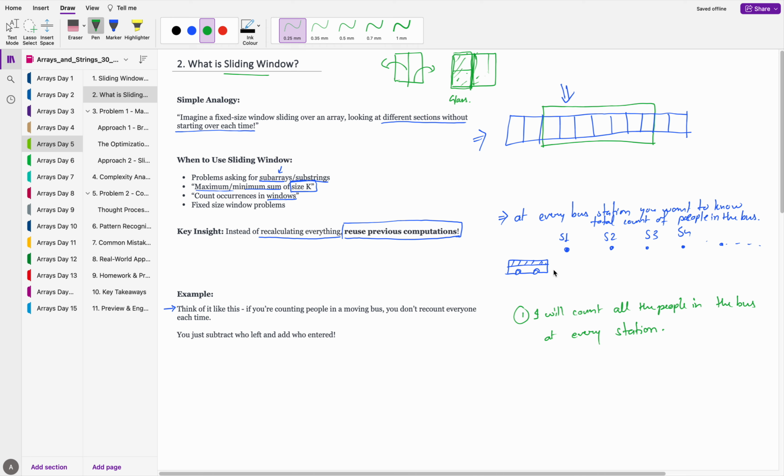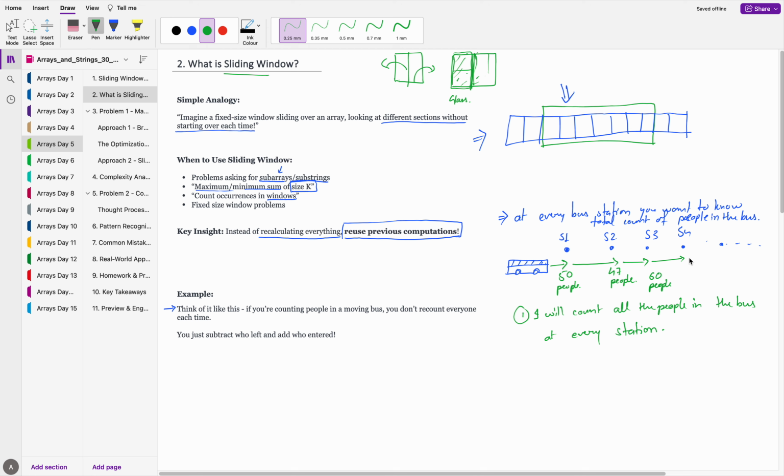Let's say at station number one, when the bus reaches, you will count everyone and say 50 people are there. Then when the bus reaches station number two, you will count again and say now there are 47 people. You will count again at station number three and say 60 people.